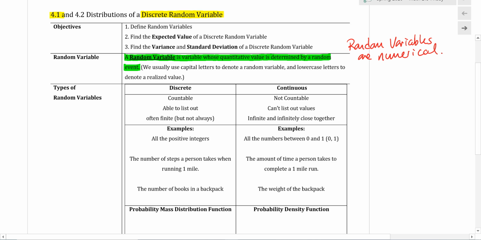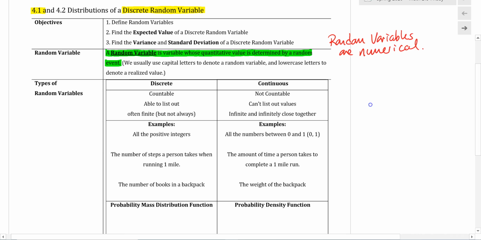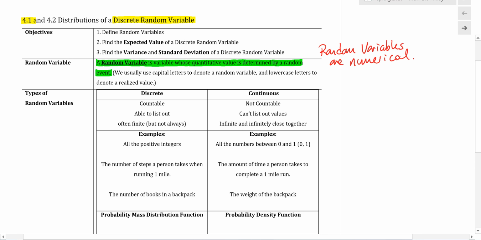Remember, variables are just things we want to study. It could be eye color, it could be heart rate, things like that. Remember, they can come in categorical or quantitative, aka numerical. Random variables are quantitative, they're numerical. They are things we're just interested in studying.